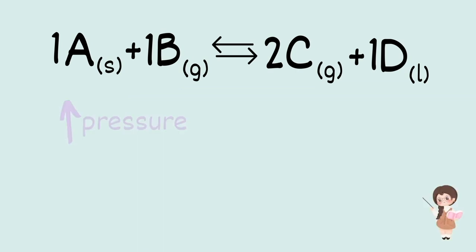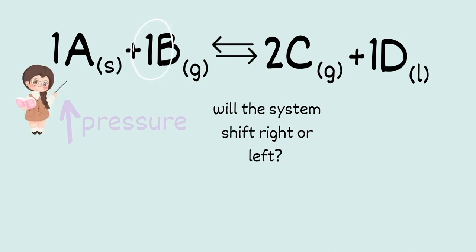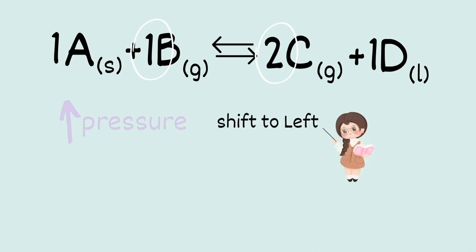If we increase the pressure here, will the system shift to the right or to the left? An increase in pressure will shift the system to the side with less gas. So first let's count the moles of gas on both sides. On the reactant side, we have 1 mole of gas, and on the product side, we have 2 moles of gas. Since we have less gas on the reactant side, the system will shift towards the reactants. It will shift to the left.